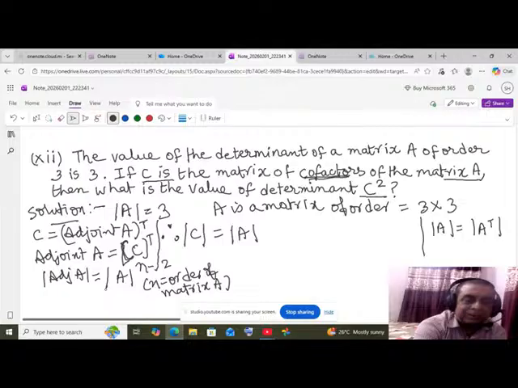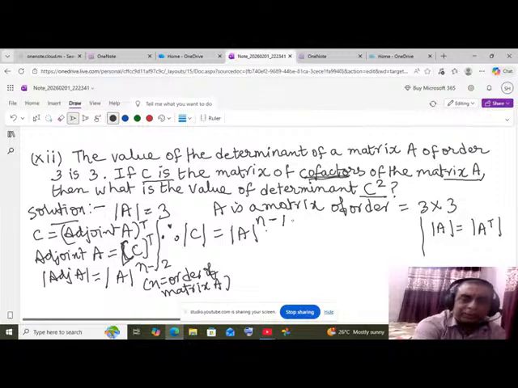So whether we find the determinant of adjoint A or its transpose, the value will be the same.